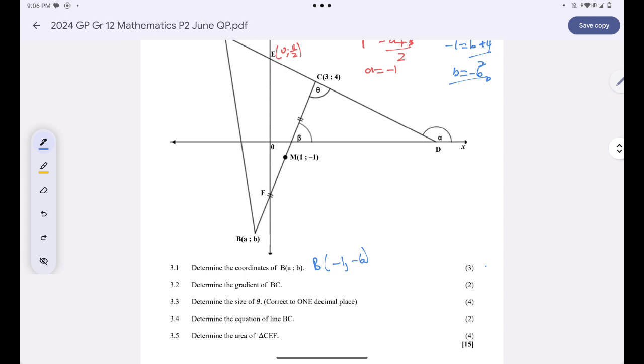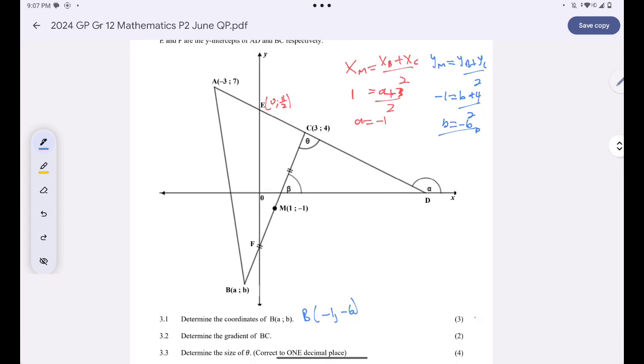Now they want me to find the gradient of BC. For me to calculate the gradient of BC, I don't want to use the point that I just calculated because I could have made a mistake. Are we together? If I have another 2 points on the line, I can just use them.